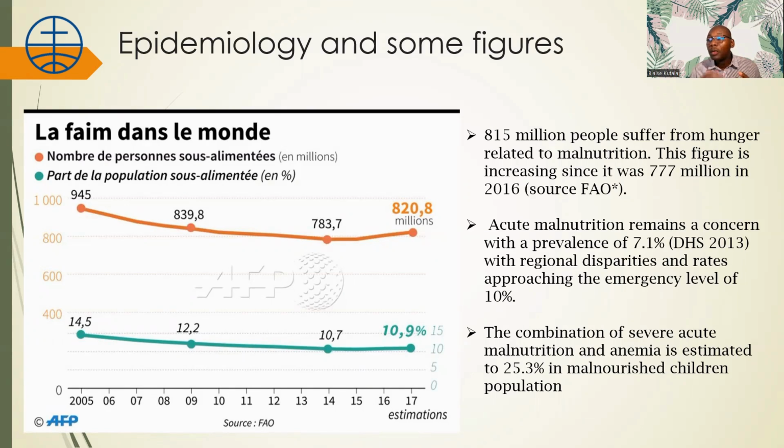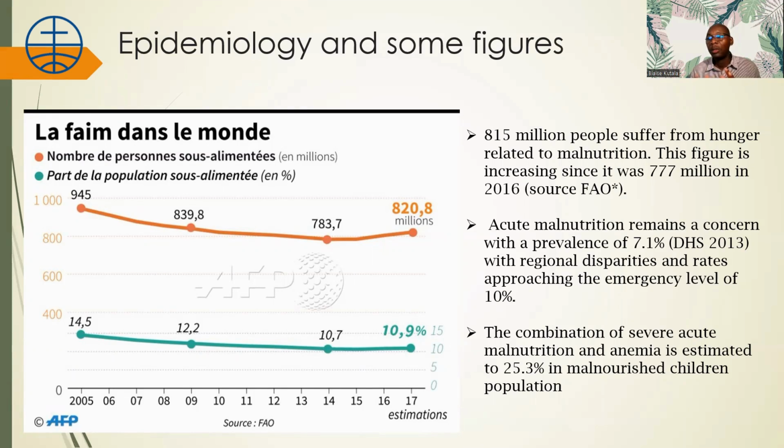This figure is increasing since it was 717 million in 2016. The prevalence of acute malnutrition is around 7%, with rates approaching 10% when we take account of regional disparities.